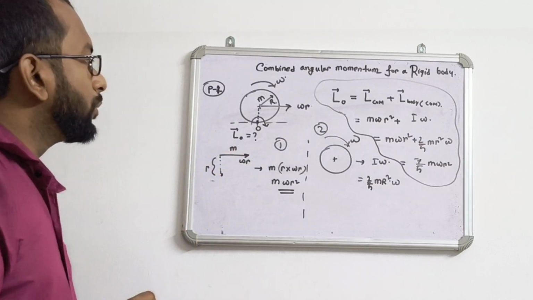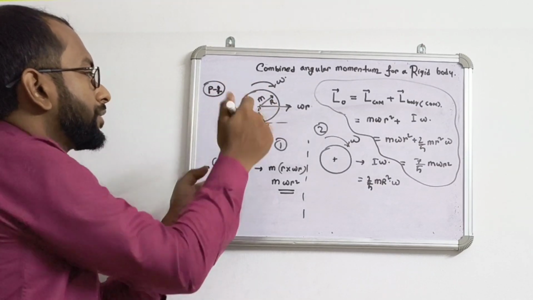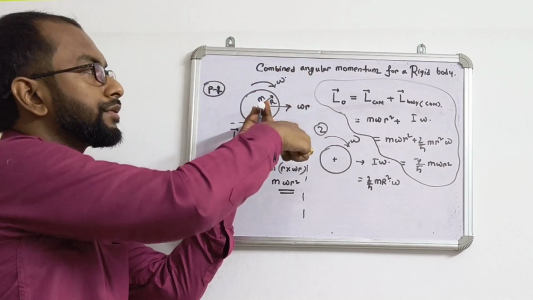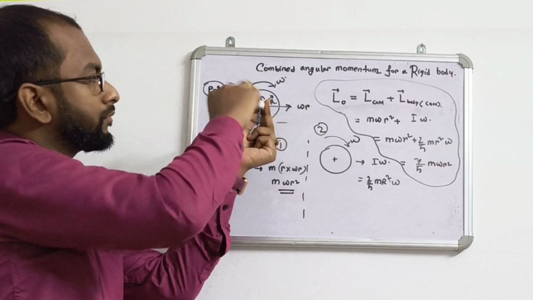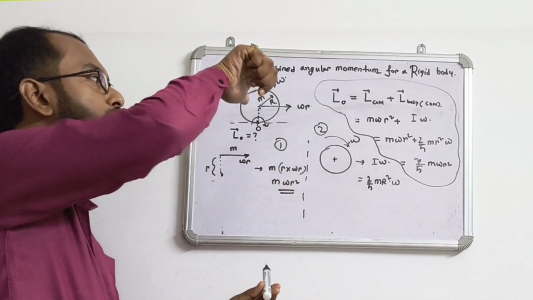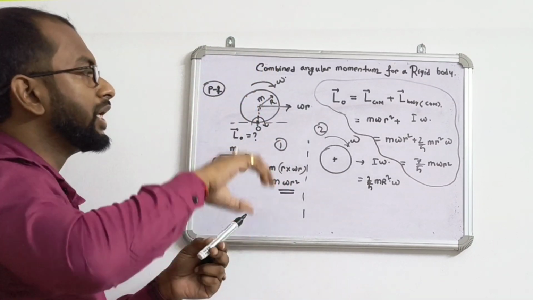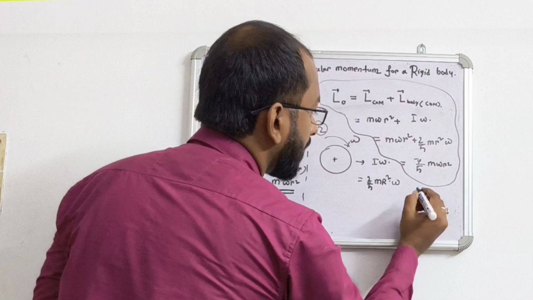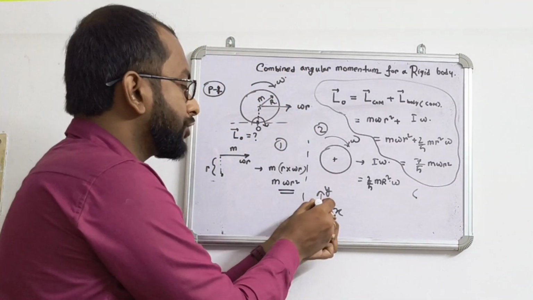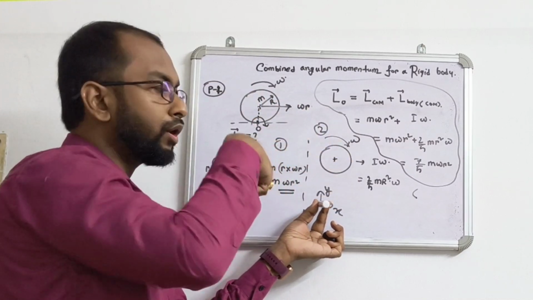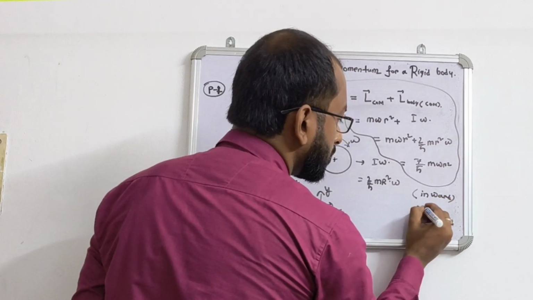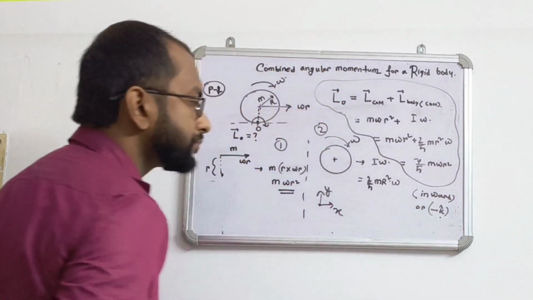With respect to this point O, for this instant it is rotating like this, so the direction is inward, inside the board. If we define the z axis as outward, it is the minus k direction, or we can write inward, or minus k cap.